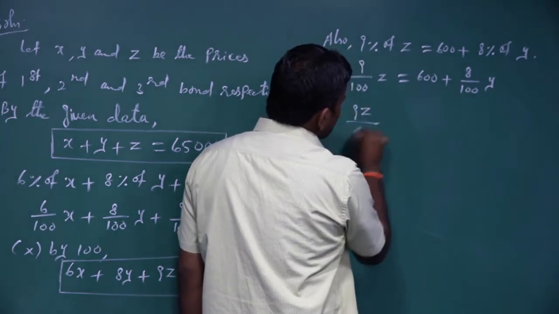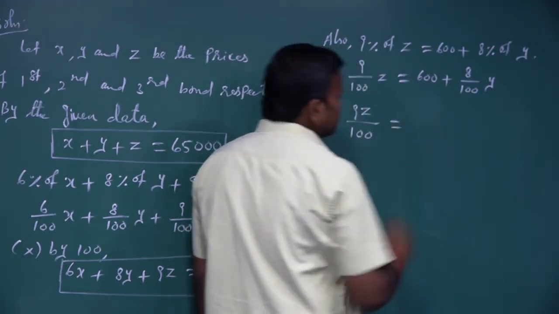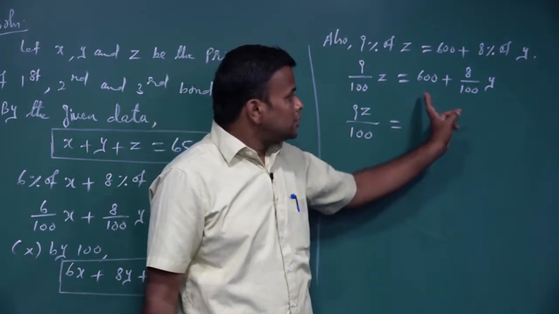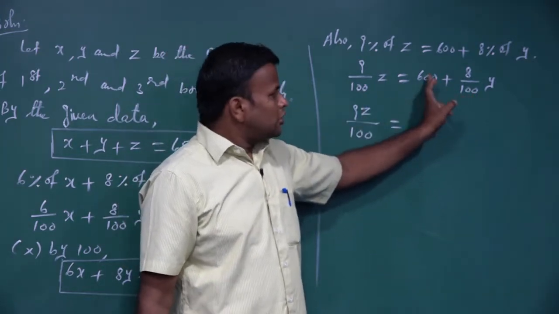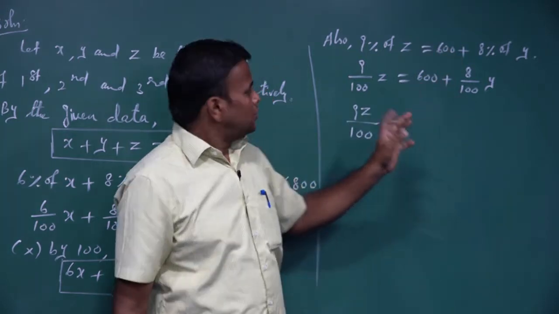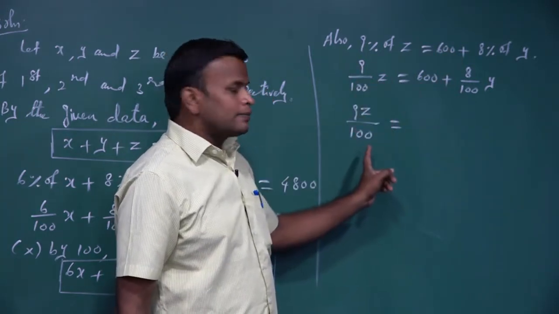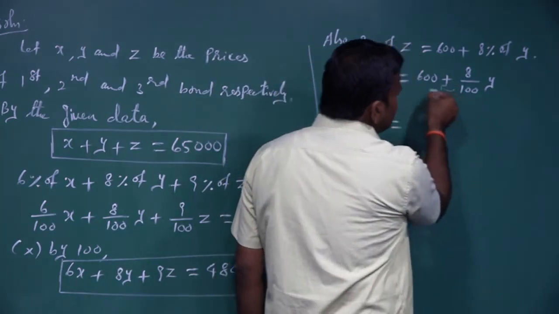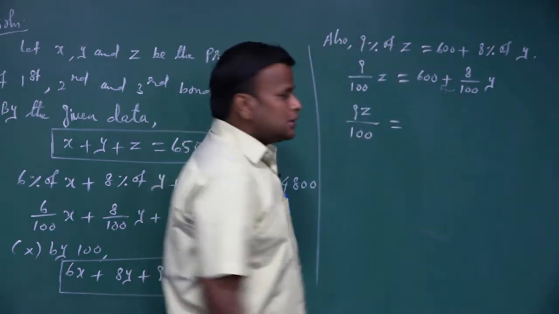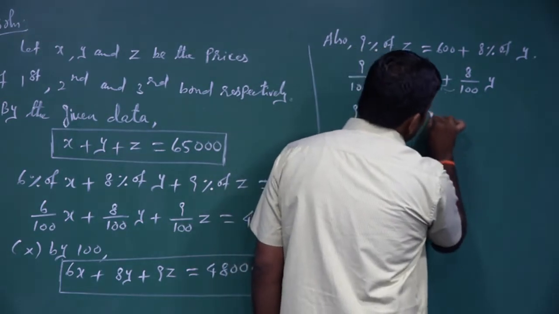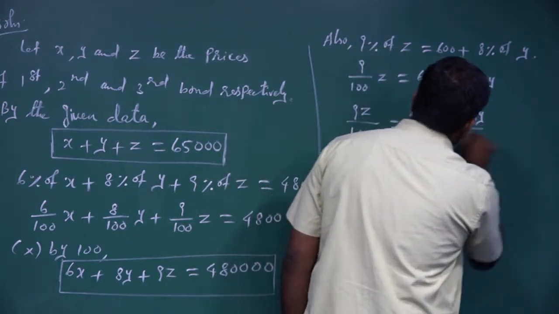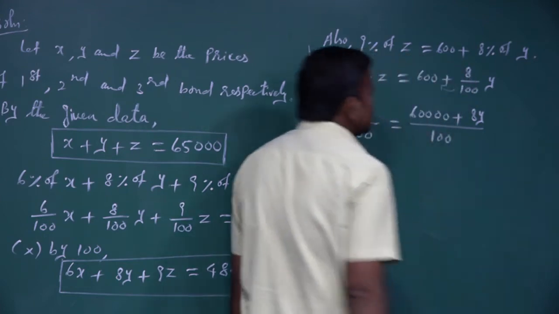So I write 9Z by 100. Important: you don't cancel these hundreds. The RHS contains two terms, so we cross multiply and then we cancel 100. So 9Z by 100 equals 600 plus 8 by 100 Y. I cross multiply here: 600 into 100 is 60,000 plus 8Y, whole divided by 100.